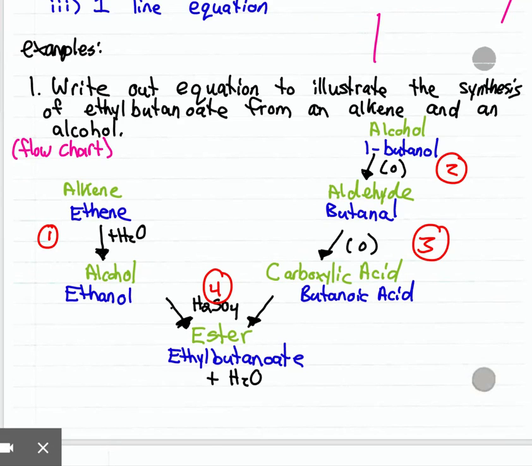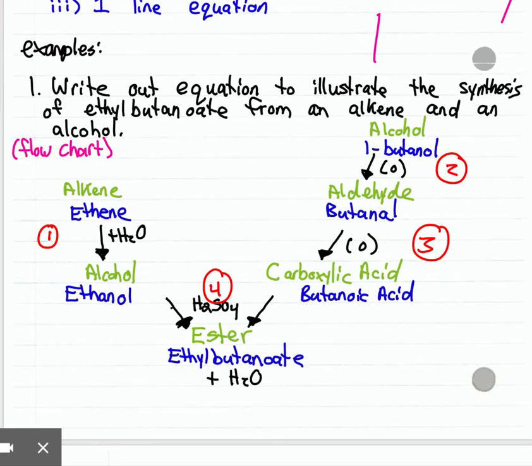If you separate out ethyl butanoate into the alcohol and the carboxylic acid based on what the name tells you, you know you have to have ethanol and you know you have to have butanoic acid. Now, I'm probably going to ask you for structures. So if you use the flowchart version, you're probably going to write the structures beside the names.